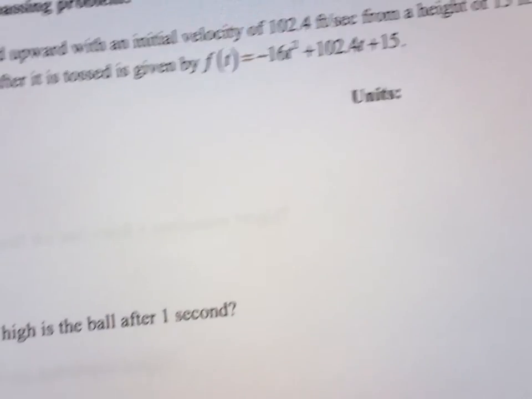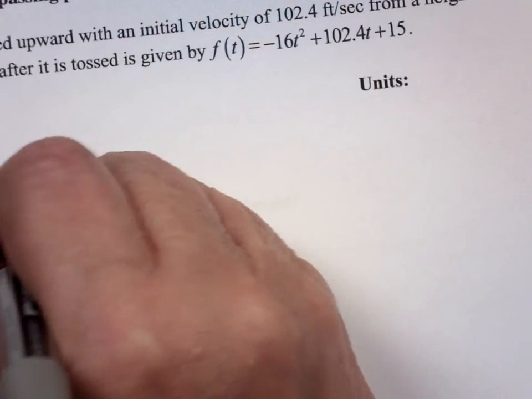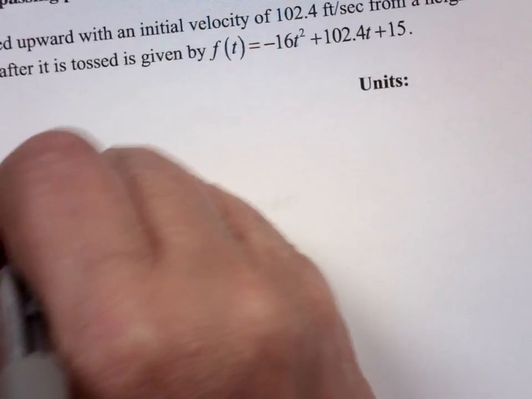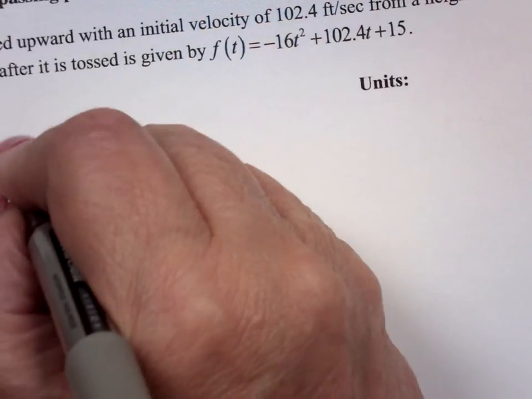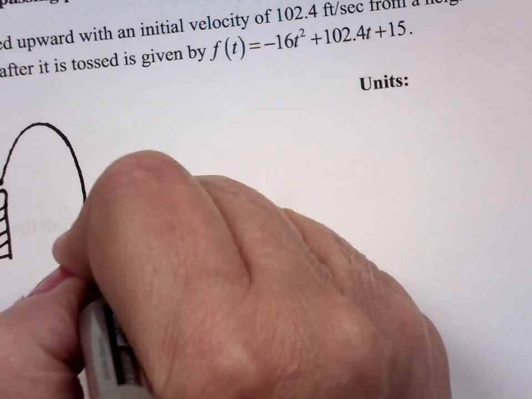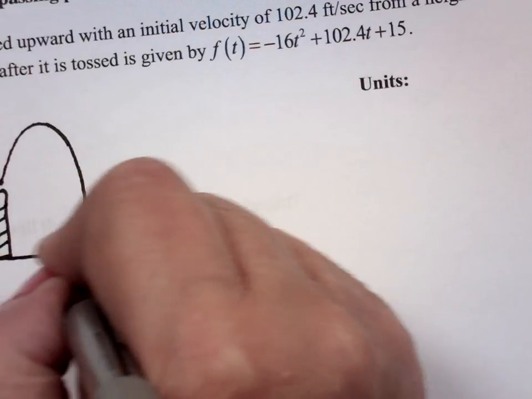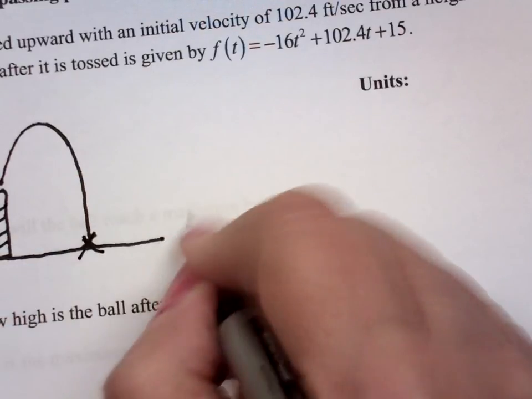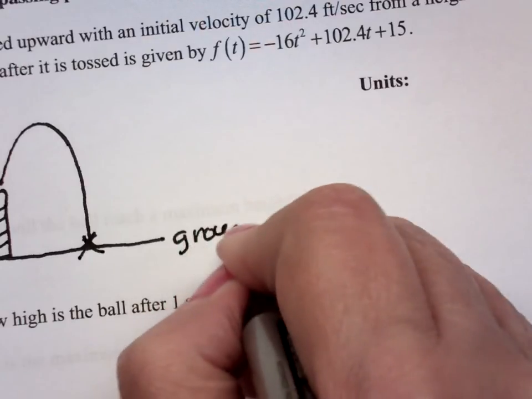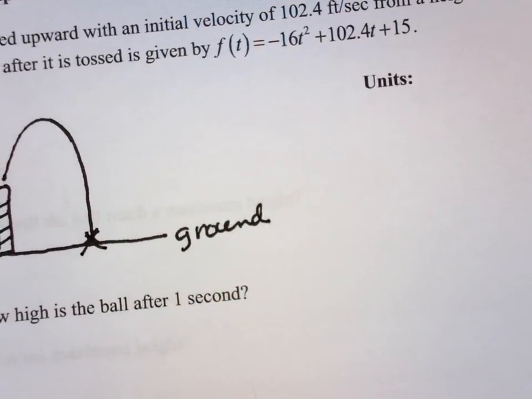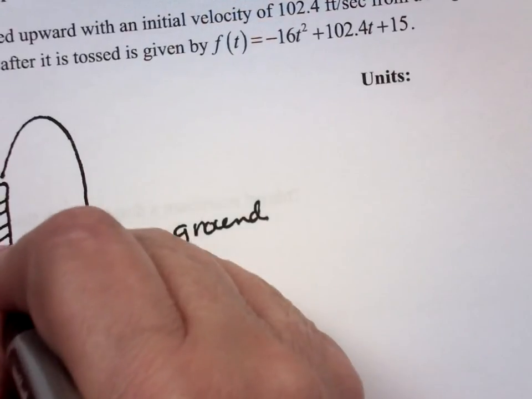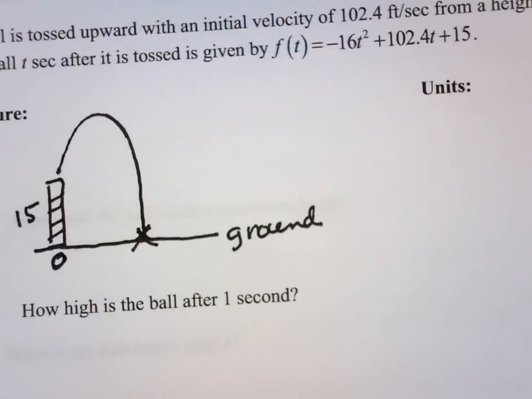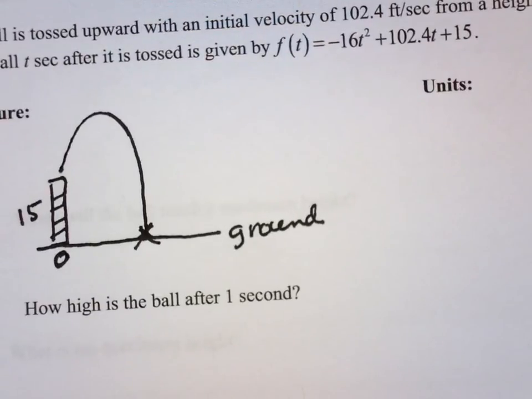So if I think of the picture, then of course up and down. So all these guys kind of look the same. This is ground. This is 0. So essentially the wall becomes the x-axis.